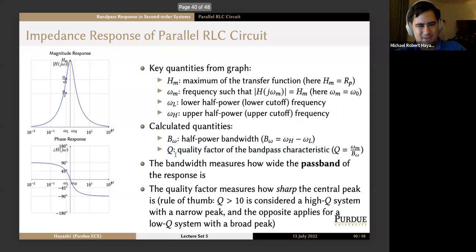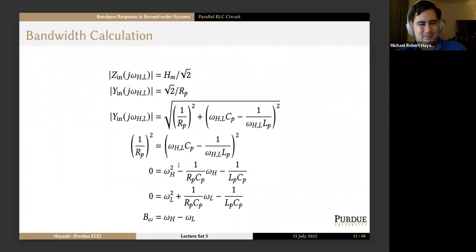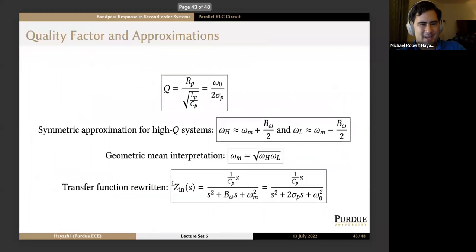So like I said, we went through the effort to explain what they were graphically and how to calculate them. We talked about the interpretation a little bit, and then we went through the effort of finding omega L, omega H, B sub omega, and Q in terms of R's and L's and C's. The result was that our transfer function basically gives away two of the hard things to find.